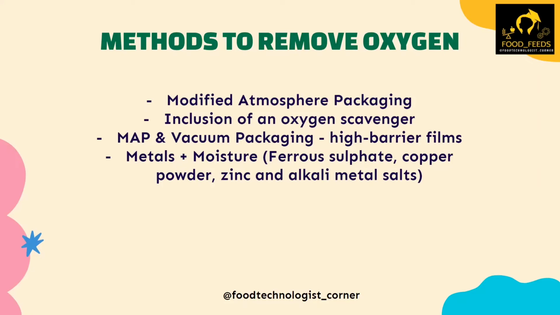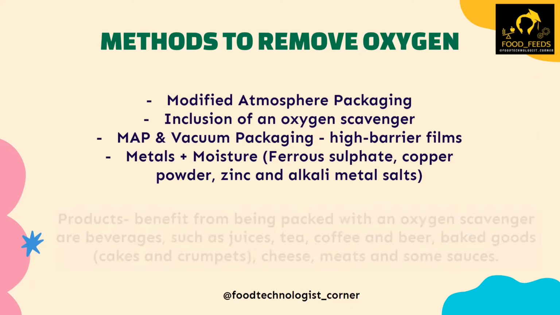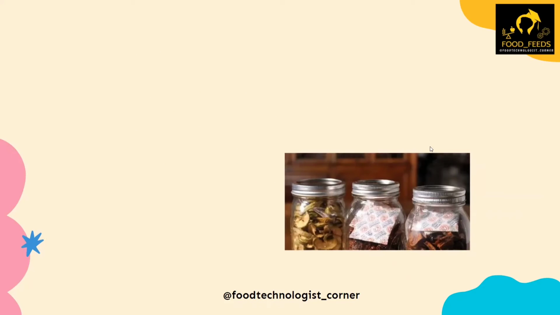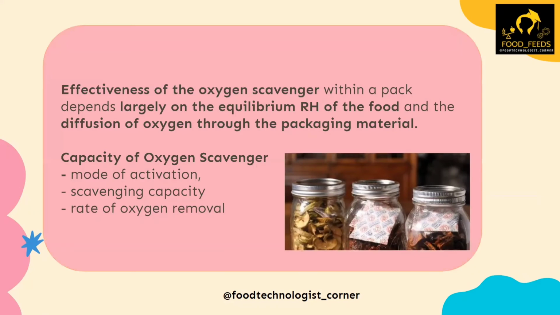Now we'll see what are the products for which these are applied. These are usually used in beverages like juice, tea, coffee, beer, baked products, cheese, meat, and sauces. Here you can see the packet, that is the sachet, inside the glass jar. The effectiveness of the oxygen scavenger within the packet, so how much it can remove, depends largely on the equilibrium of the relative humidity of the food and also the diffusion of oxygen through the packaging material.